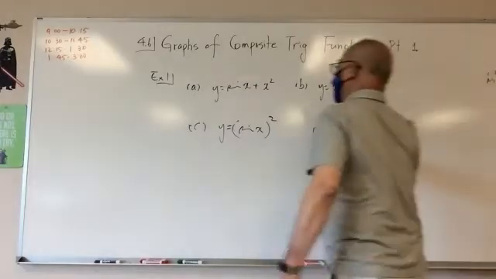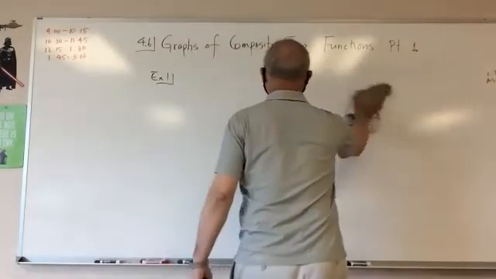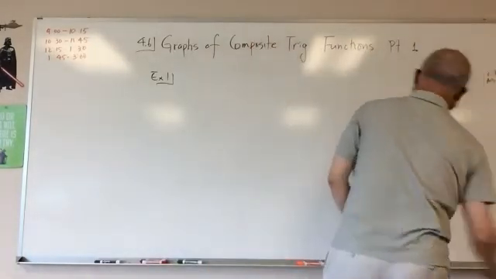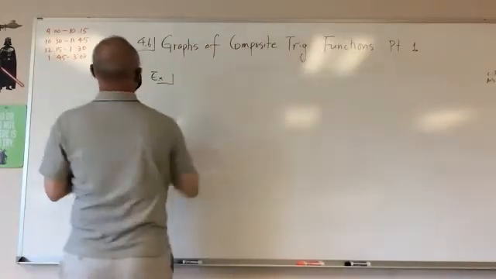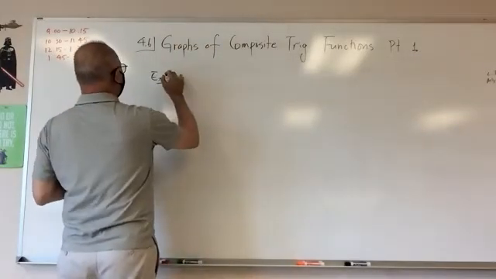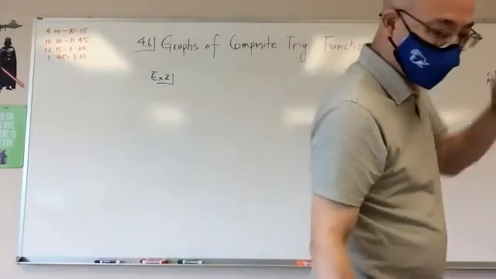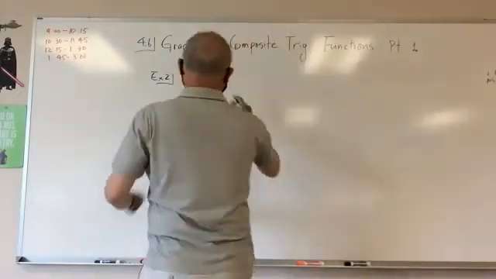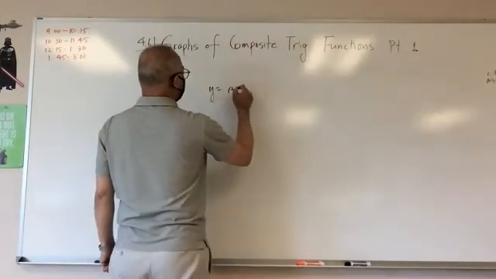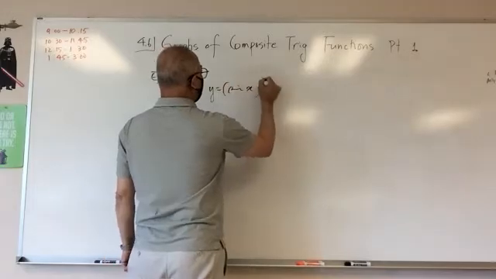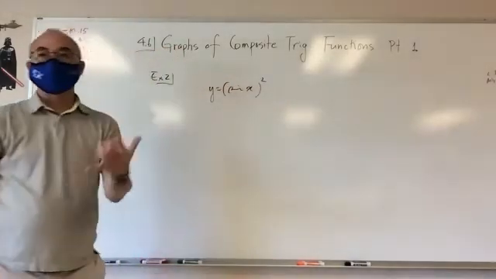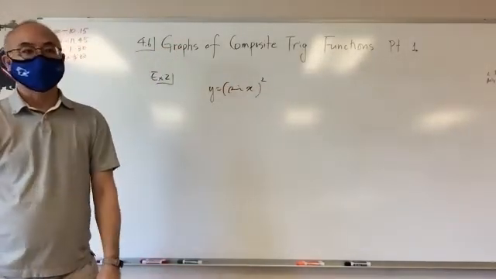Let's go and move on to example number 2. We're going to try to actually prove or see what it means to be periodic, okay? We're considering this again. We already saw that it was periodic, right?